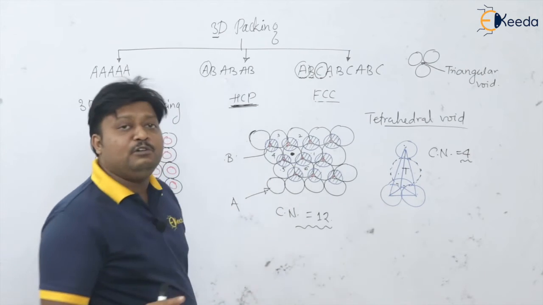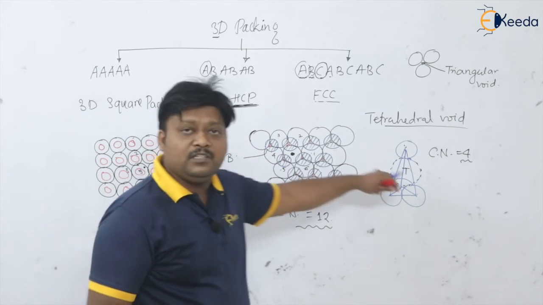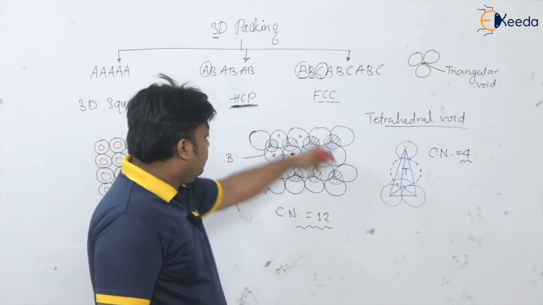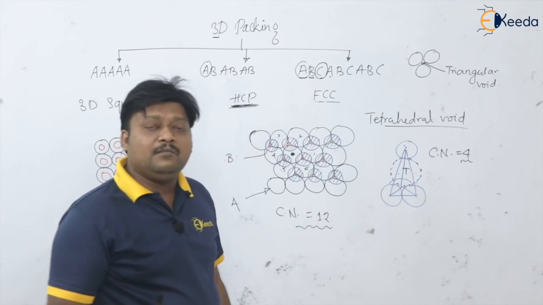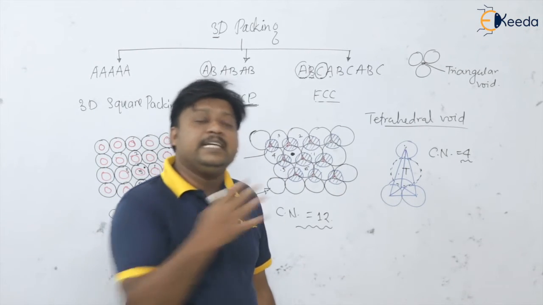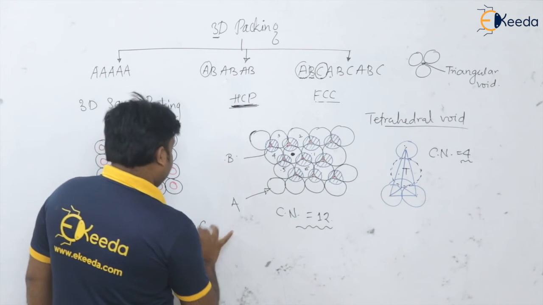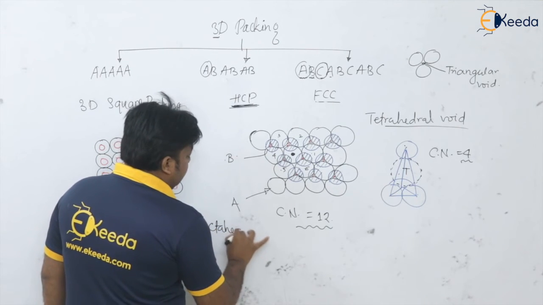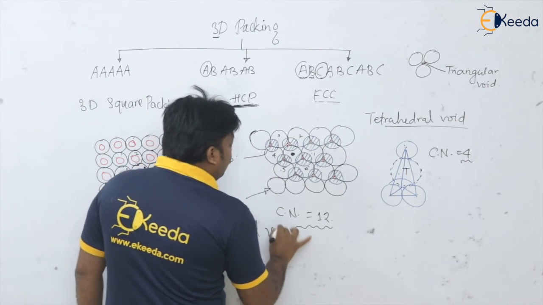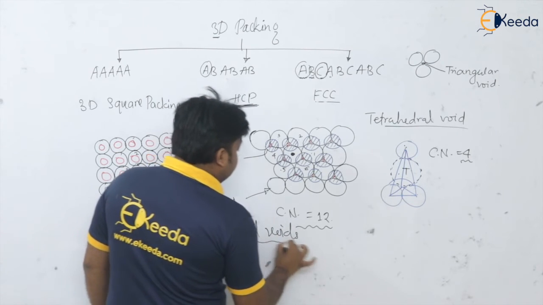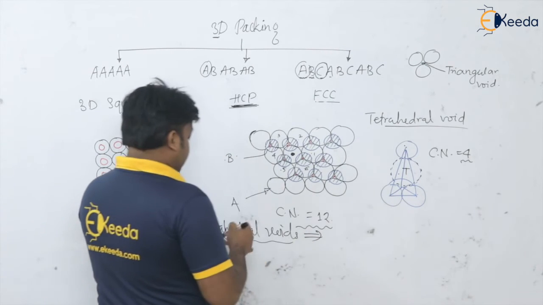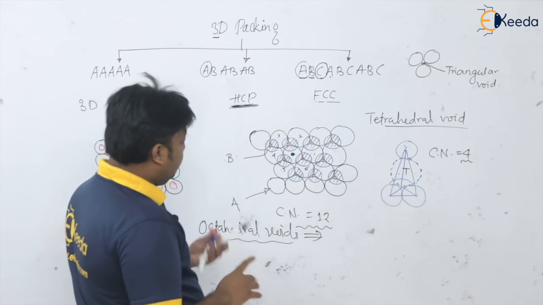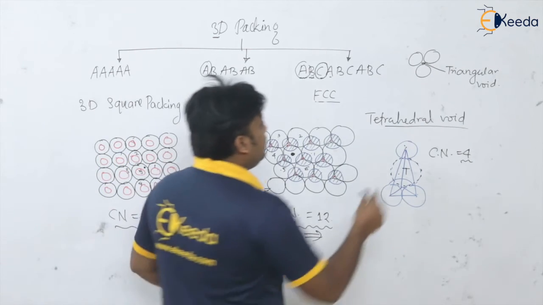whenever we are going to cover... we have now covered all the tetrahedral voids. Now in the same figure, if I am covering all the octahedral voids, see, octahedral voids, if I am going to cover them, how is the octahedral void formed?